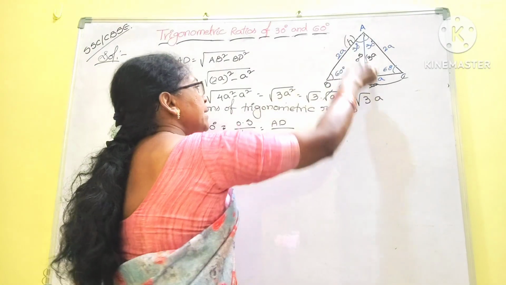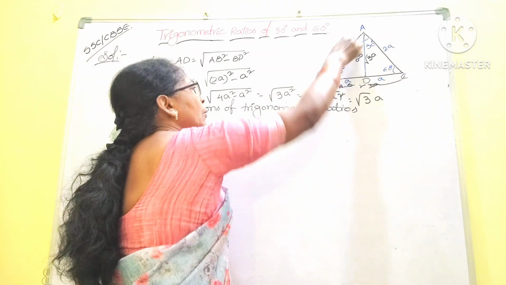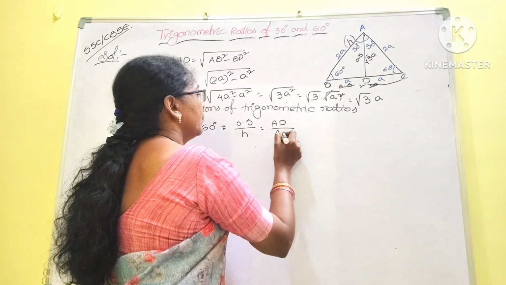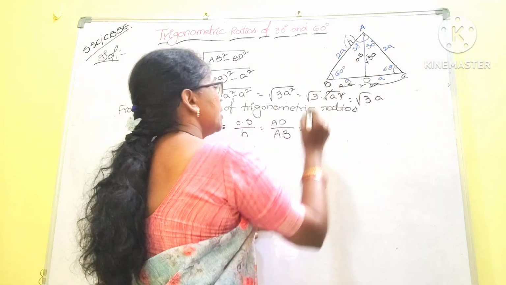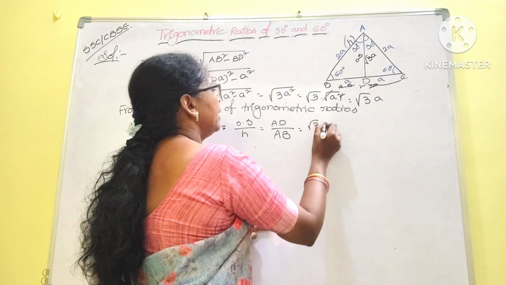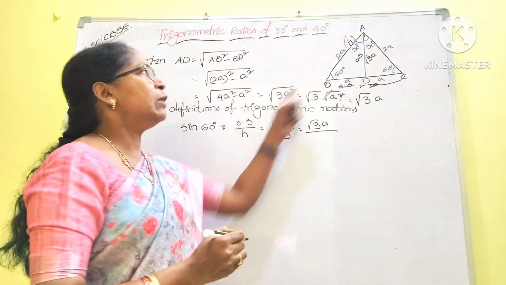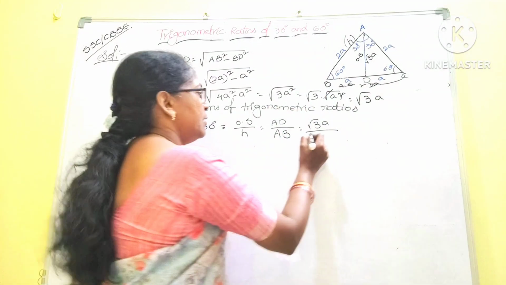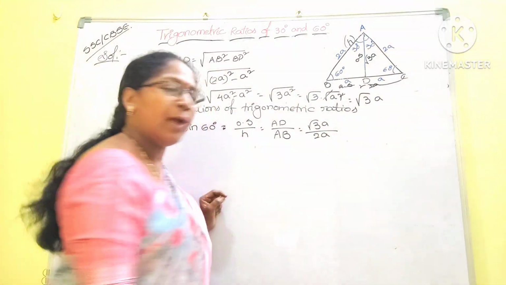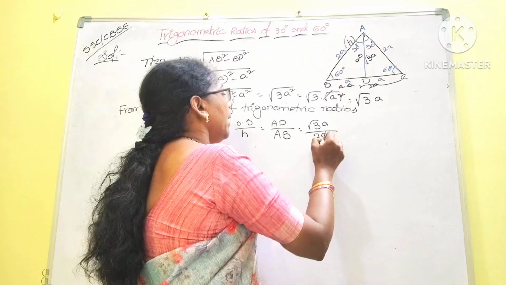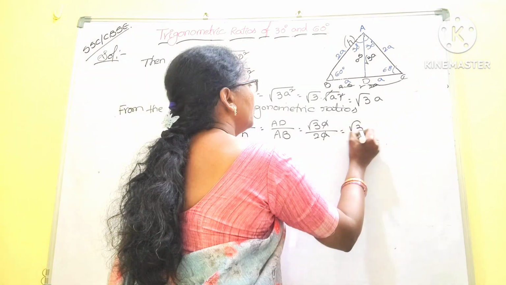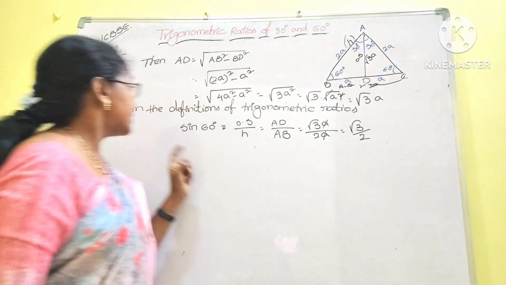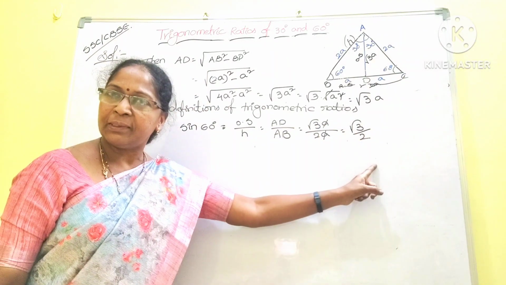Where opposite side is AD, by hypotenuse AB. AD equal to root 3A, by AB equal to 2A. Just substitute the values. Now A and A will be cancelled. That equal to root 3 by 2. Sin 60 degrees equal to root 3 by 2.